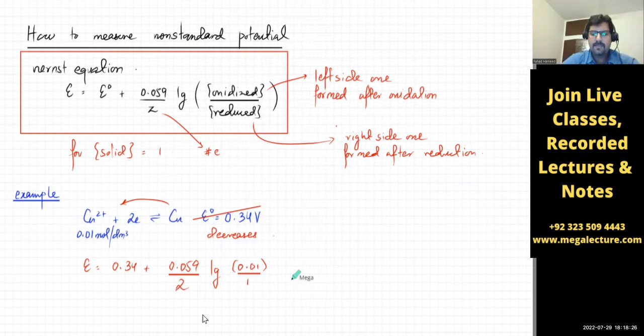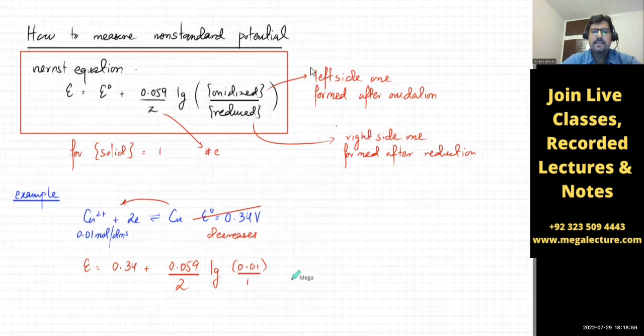Log, remember, is a button on your calculator, so you can just use log. The 0.059 is just a constant.